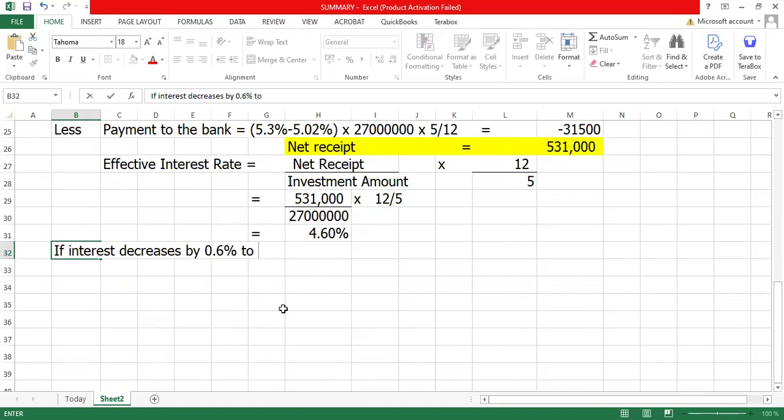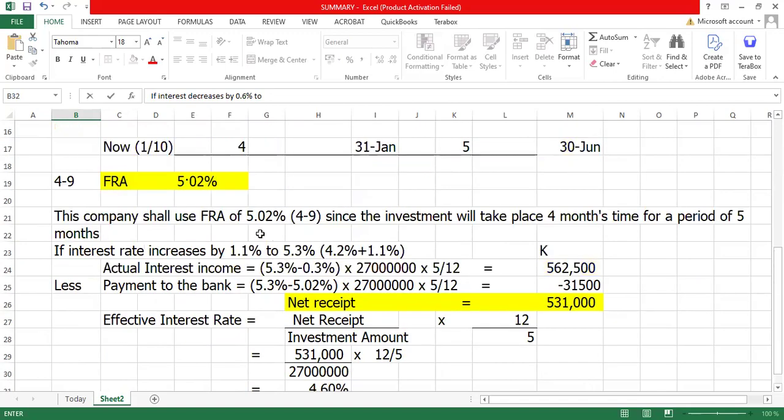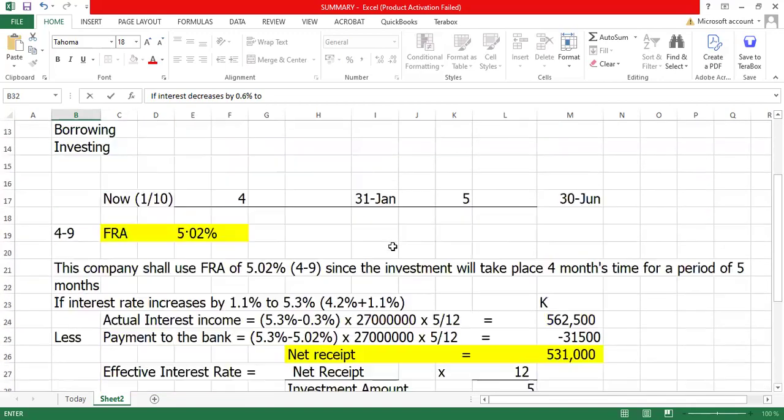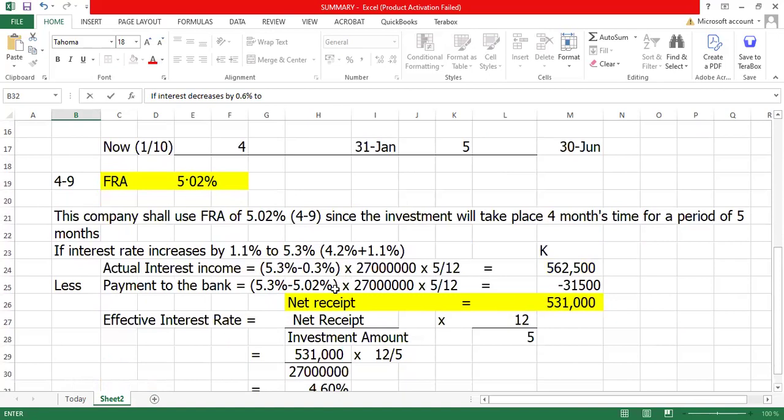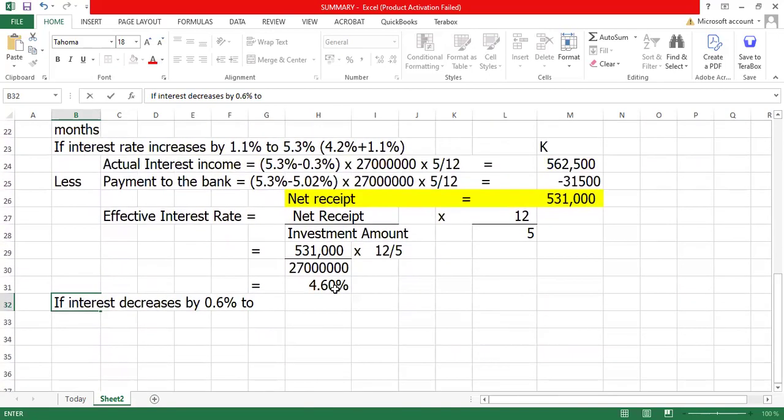You get 4.2. Yeah, 4.2 minus 0.6. No, it is 3.6, not 3.1. Yeah, it's 3.6.